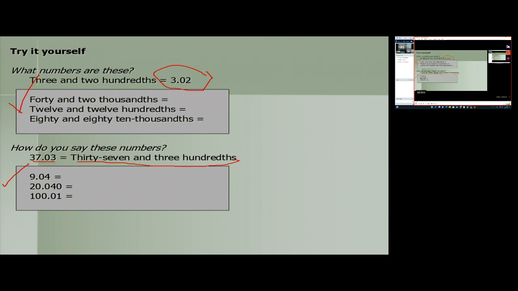Okay? Only that one and this one. You copy and answer that. This one is write it in number form. And this other box, write it in words.